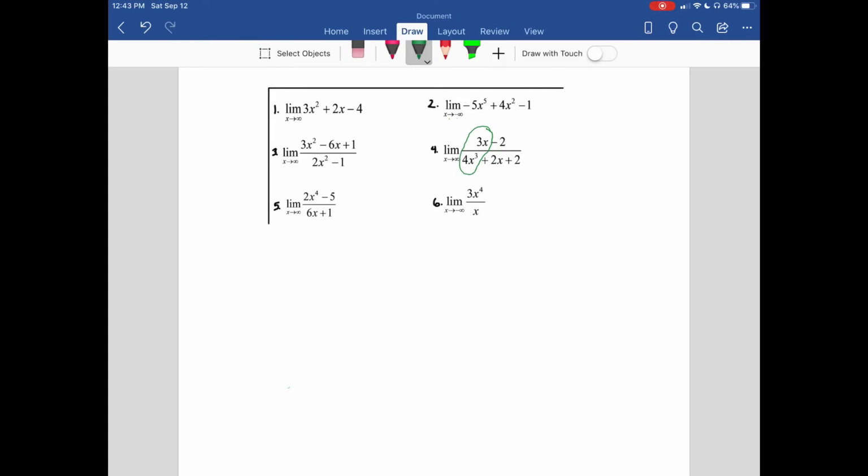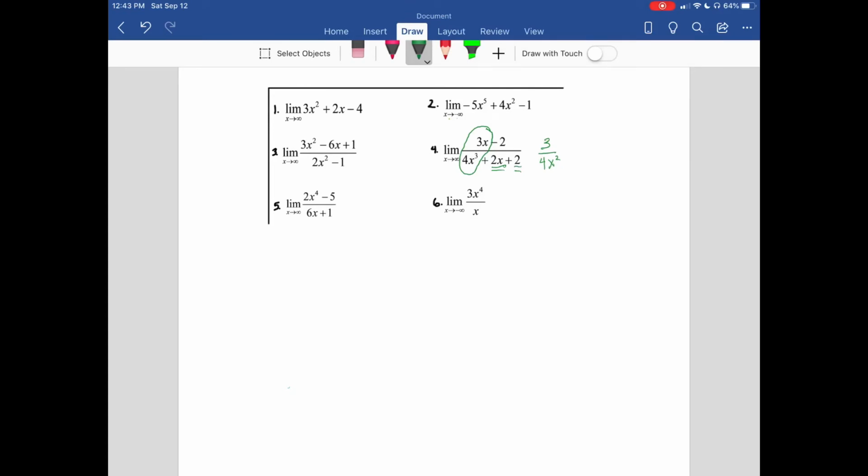And the same goes for the denominator, the 2x and the 2. When your x is 800,000, when you cube that, that is significantly more powerful than multiplying that number by 2 and then adding 2 to it. So that is all to say that when I simplify it, it's 3 over 4x squared.